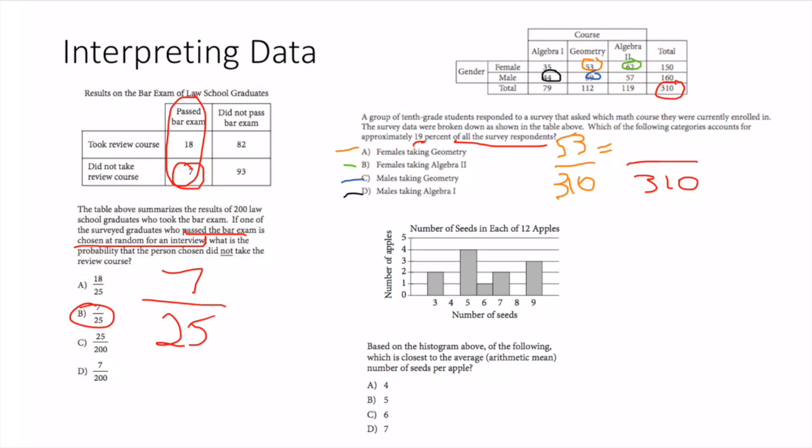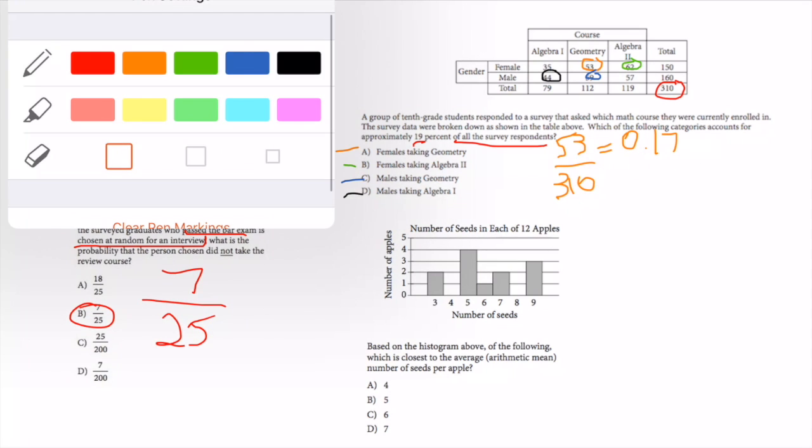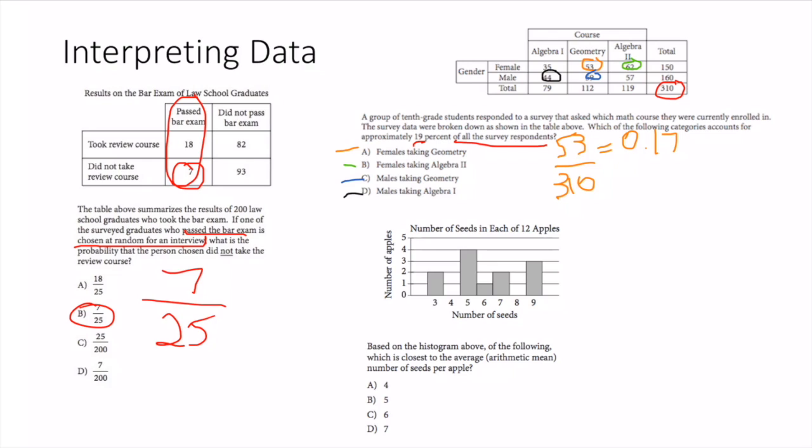So if I did that, 53 divided by 310 equals 0.17, which is not what I'm looking for here. That's only 17%. I could do that again for females taking algebra, and eventually one of these would equal 19% or 0.19.